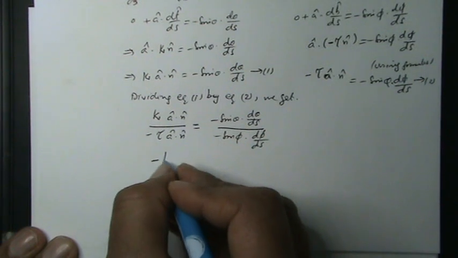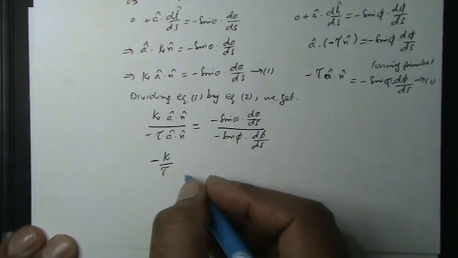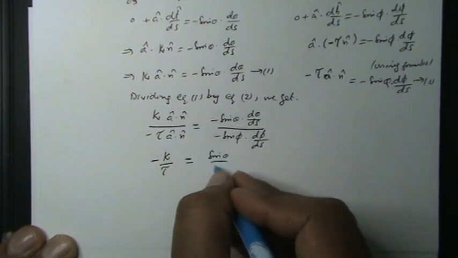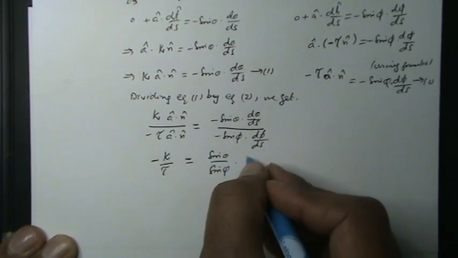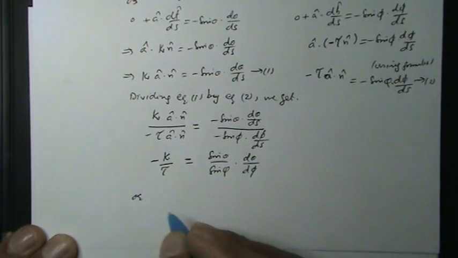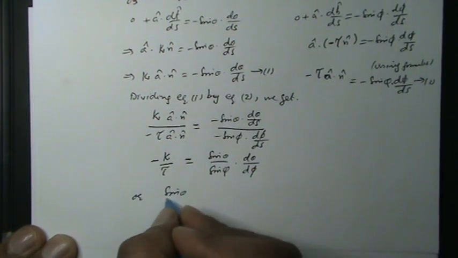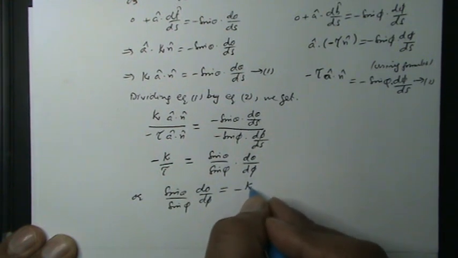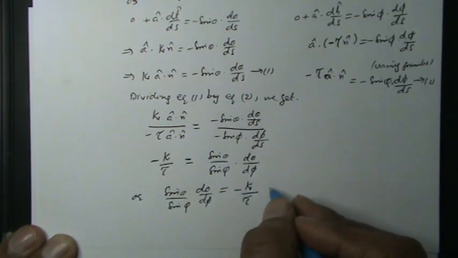This is equal to minus kappa over tau equals sin theta over sin phi into d theta over d phi, or sin theta over sin phi d theta over d phi equals minus kappa over tau, torsion, as required.